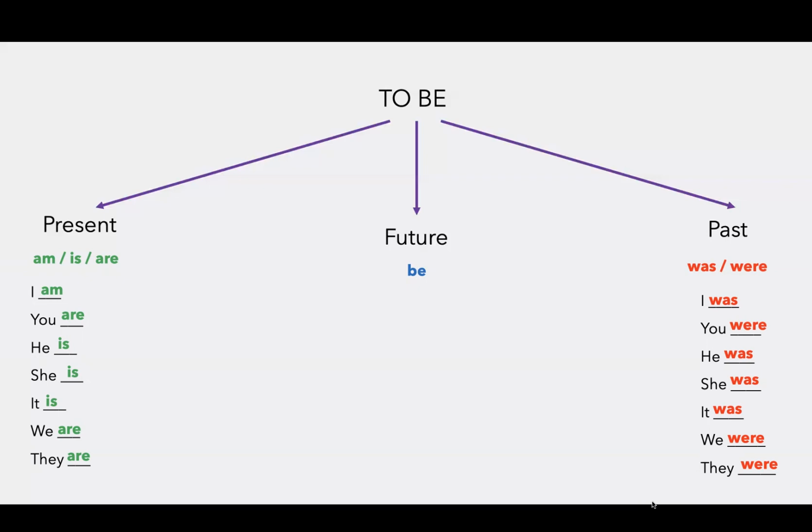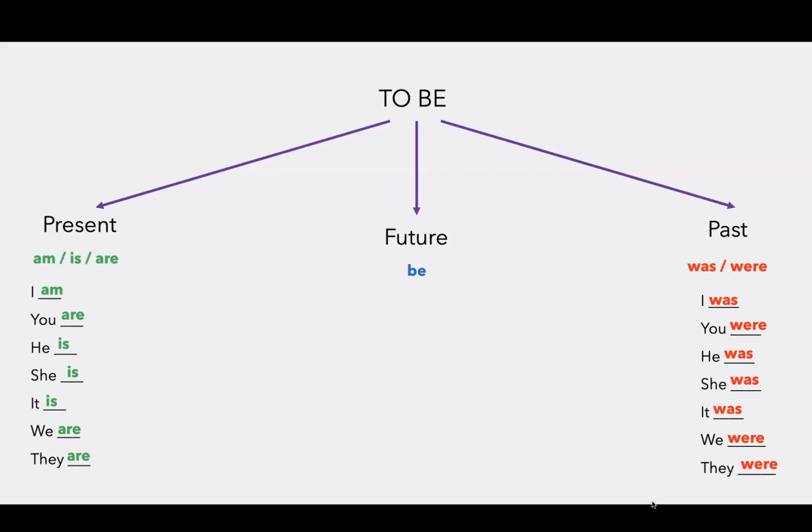So if you are talking about the present tense by using to be, you mean something valid, something true at present. So again, this present is a little bit general. It doesn't mean only the present tense. It means something valid right now, or something true right now, or something true in general.